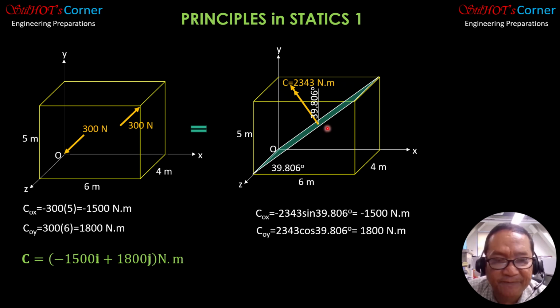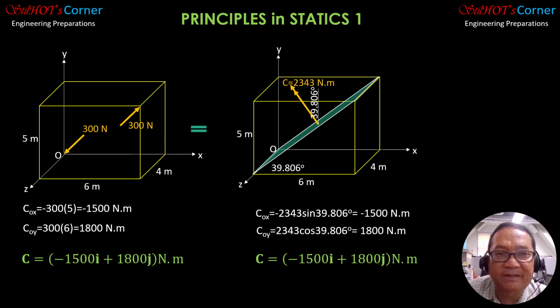So this is, for me, the best way of expressing a couple in vector form, so that you can easily analyze the components. So the answer, couple vector, is negative 1,500 i plus 1,800 j Newton meter.